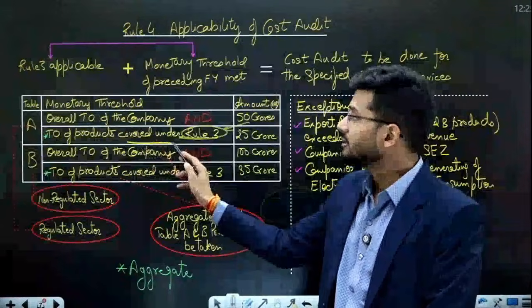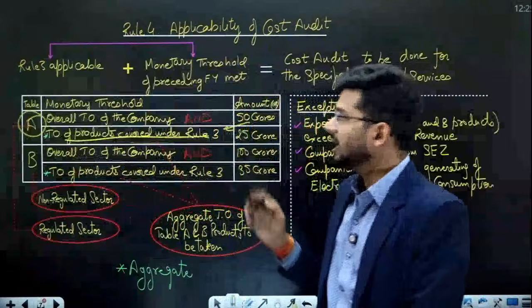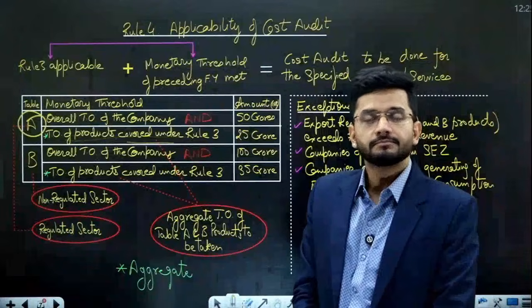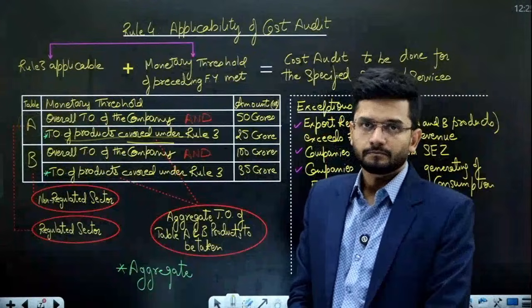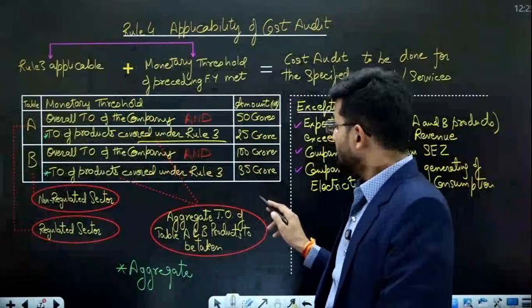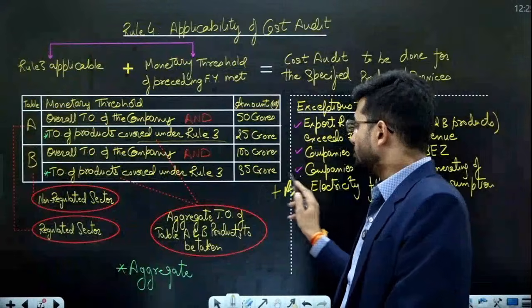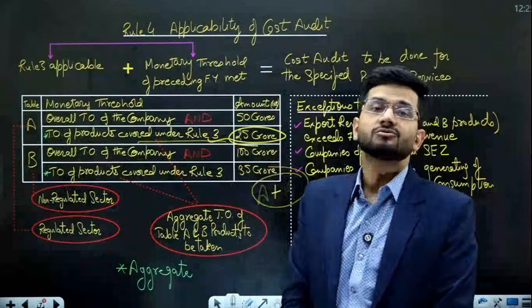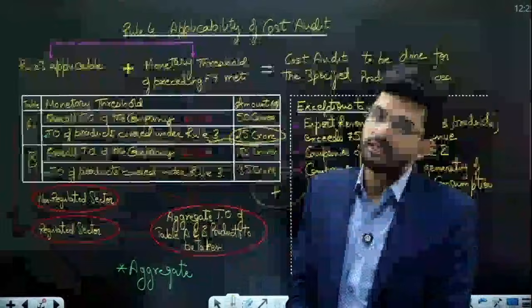They would only take the turnover of table A products in this condition. Incorrect. For fulfilling this condition, both table A plus table B product turnover should be taken as 25 crores. That is the very important point which you need to really understand.